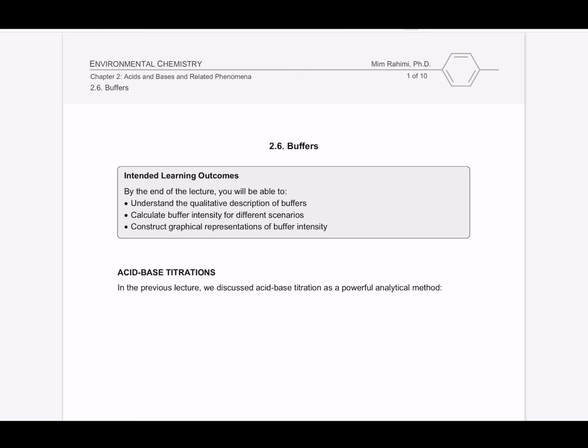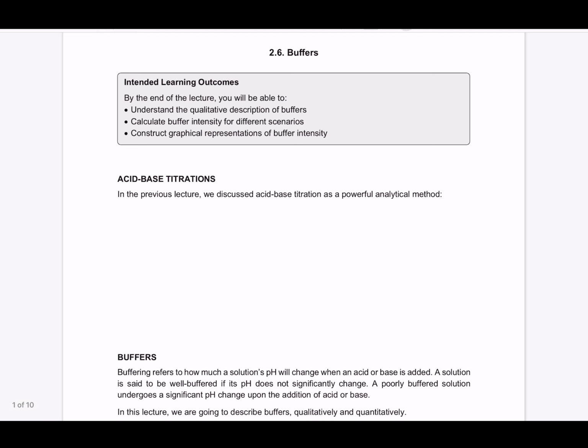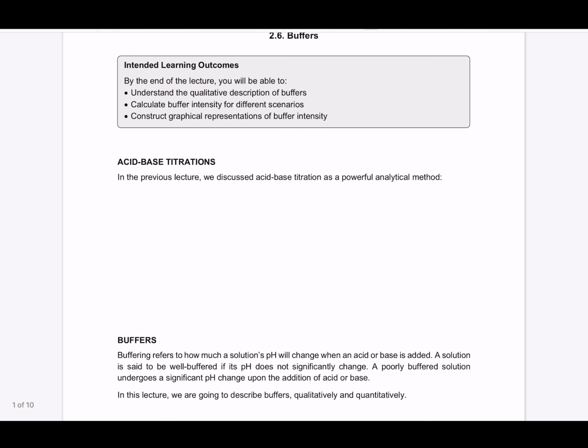For example, the pH versus Ca titration diagram from the previous lecture, here we're going to twist that to talk about buffer intensity versus pH. So to quickly overview what we talked about in the previous lecture, it was all about adding something that is known to an unknown.